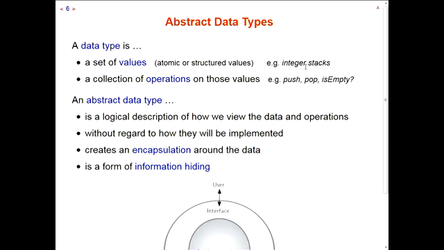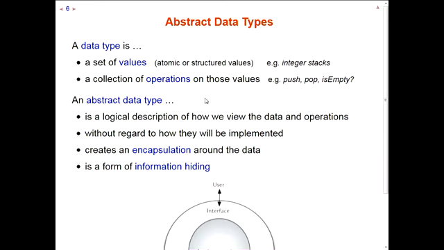This is one part of a data type, and the second aspect to a data type is that we have operations on those values. If you have a data type integer stack, for example, standard operations that you should know from Comp 9021 is to push an element, to pop an element, or to ask the question whether the stack is currently empty. This is a data type.